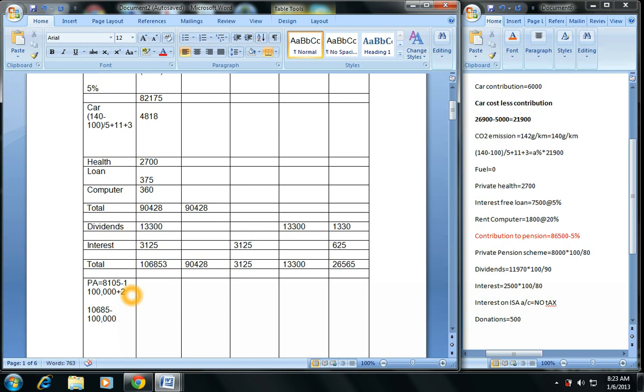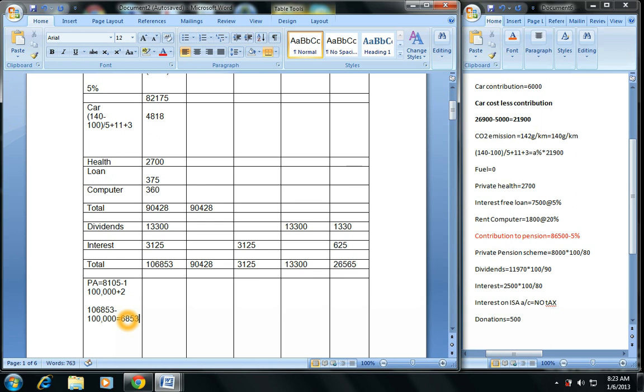Then we get 6,853, and we divide it by 2, 6,853 divided by 2, and we get 3,427.